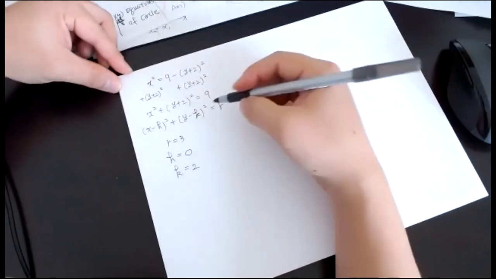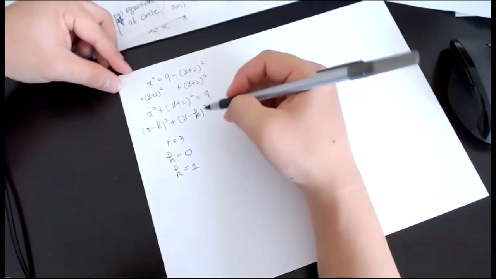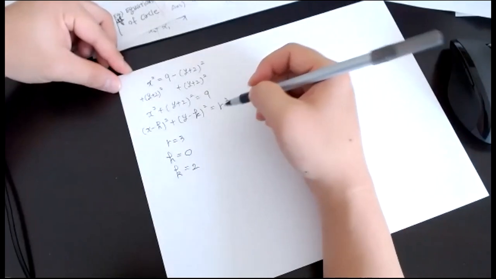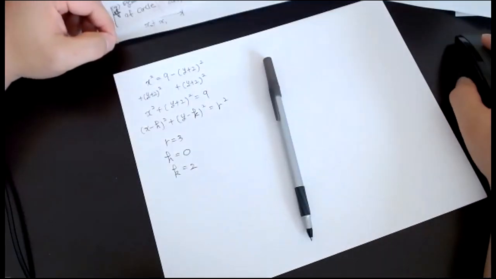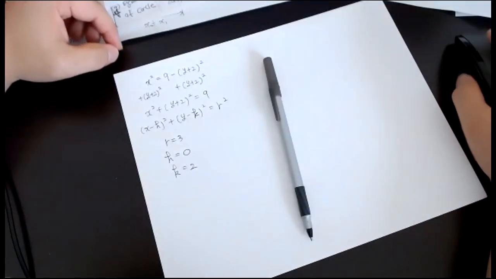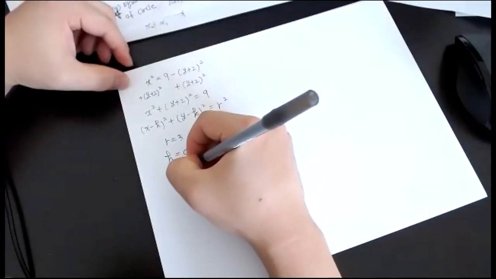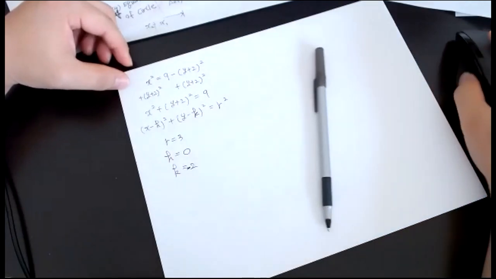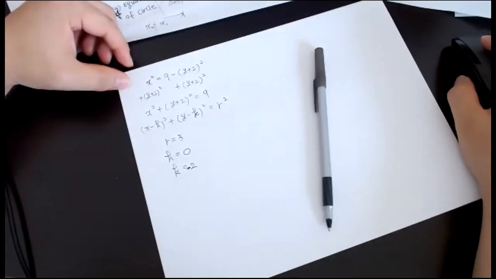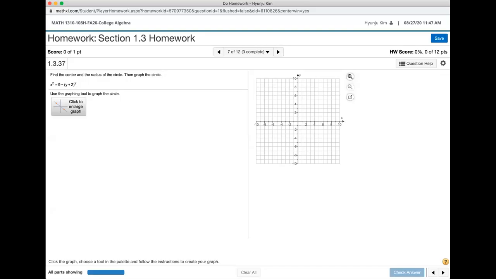Okay, so the center point is 0, 2, and r is 3. Wouldn't k be negative 2? Oh yeah, negative 2. Thank you. Yeah, it's y plus 2, right? So negative 2.